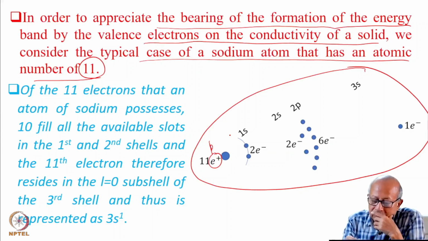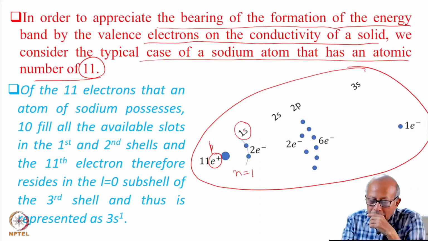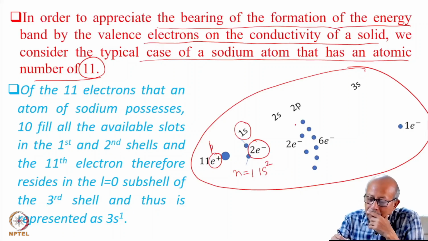11 electrons, as we have seen, the first energy level, which is n equal to 1, has only one subshell that has two electrons, which can be indicated as 1s2. Then the n equal to 2 orbit has two subshells.